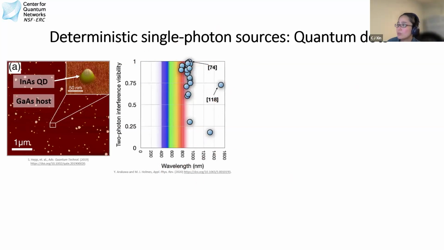And so it turns out, and what we can see from this particular graph is that the best performance happens in the 800 to 1 micron region. This is where it's the highest in terms of interference visibility.